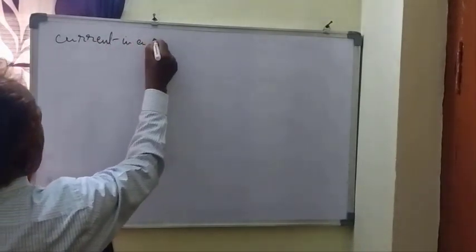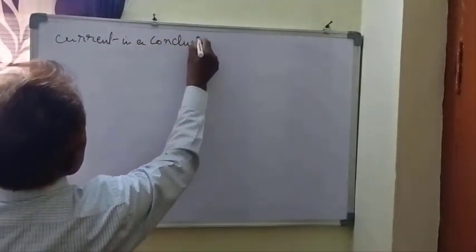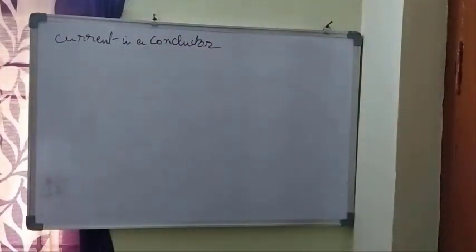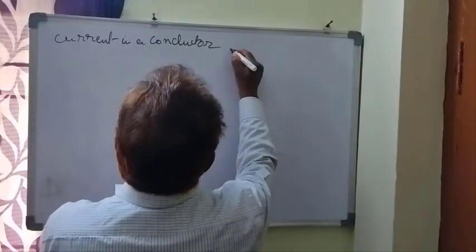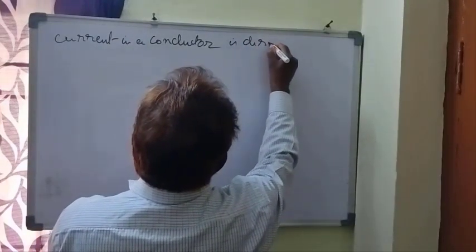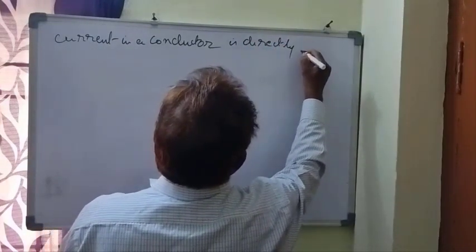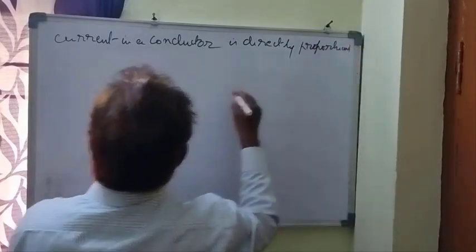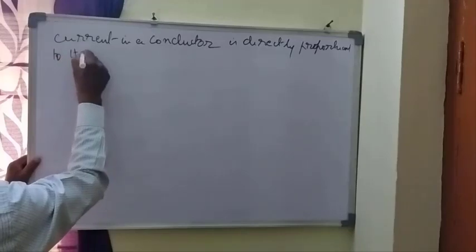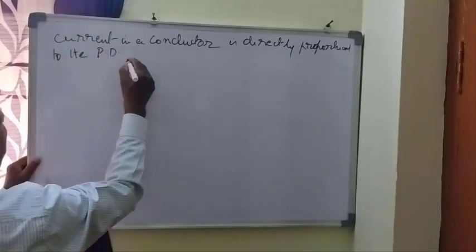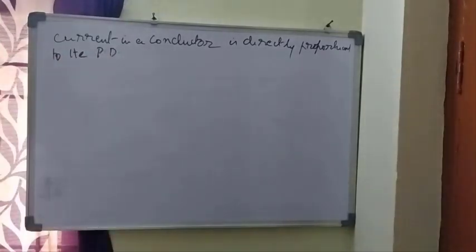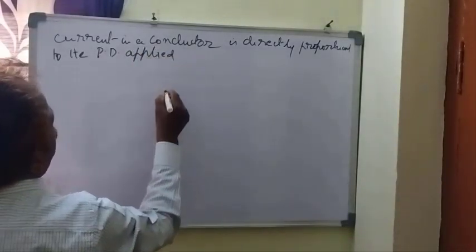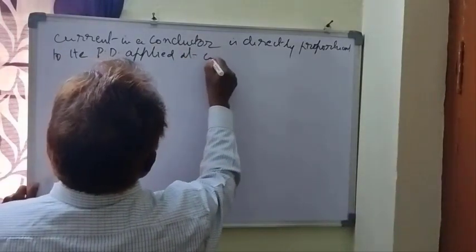Current in a conductor. Conductor means electronic conductor. Current in a conductor is directly proportional to the potential difference applied, at a constant temperature.